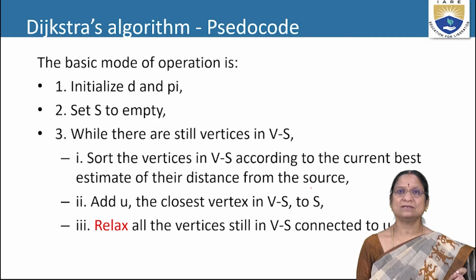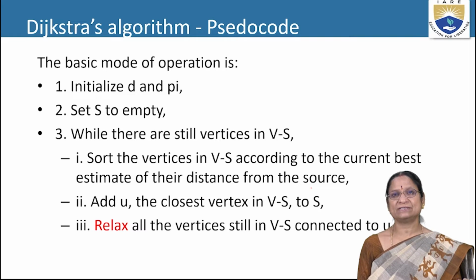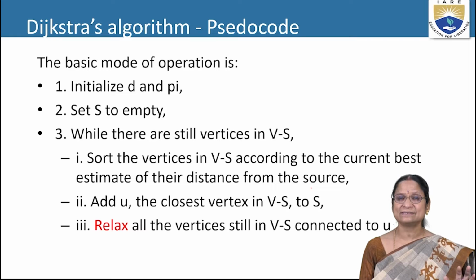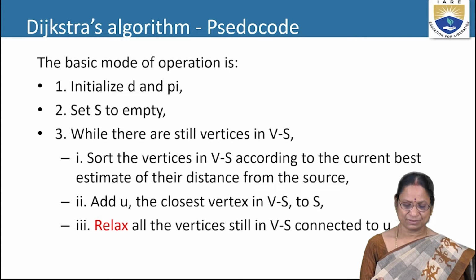The vertex with the least estimated distance till now has to be selected as the next vertex, so we arrange them in sorted order or select the minimum distance one.